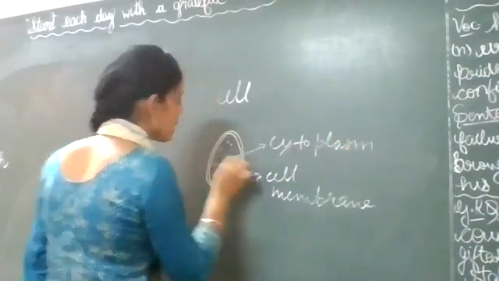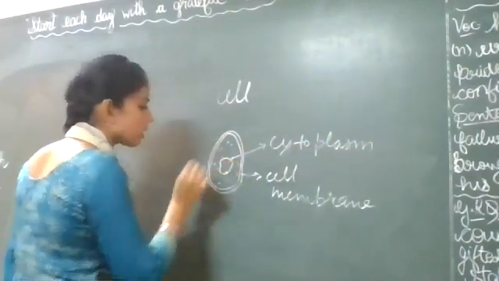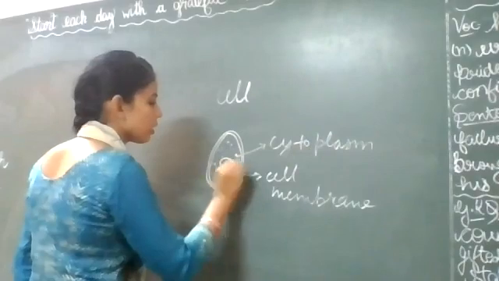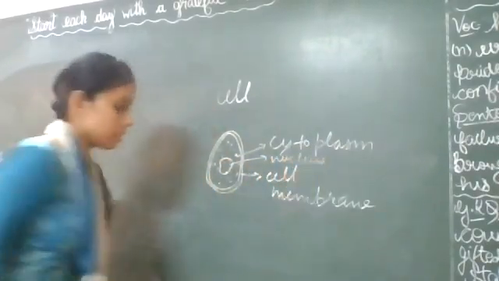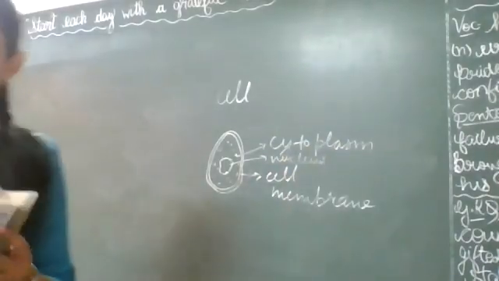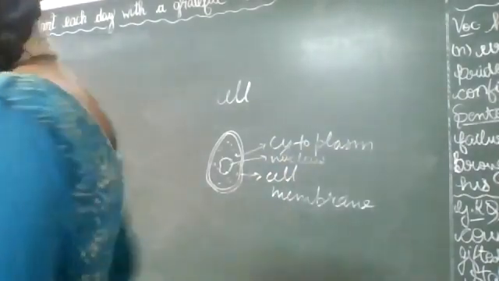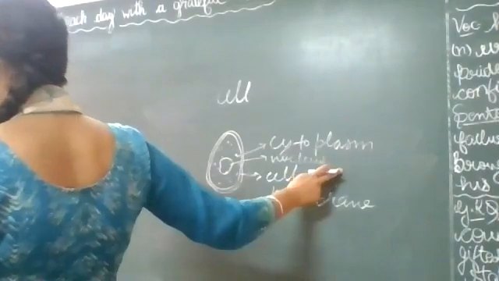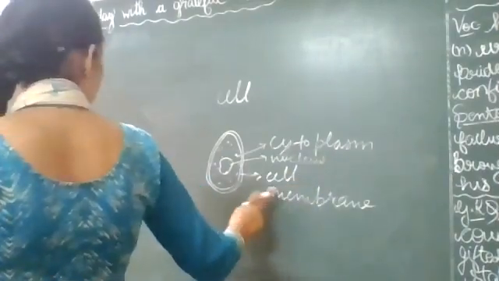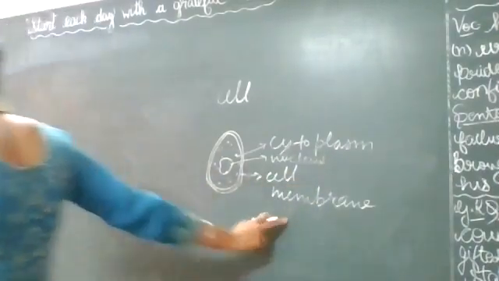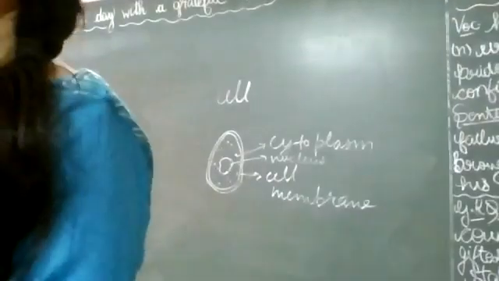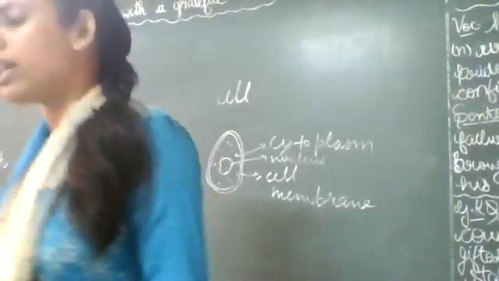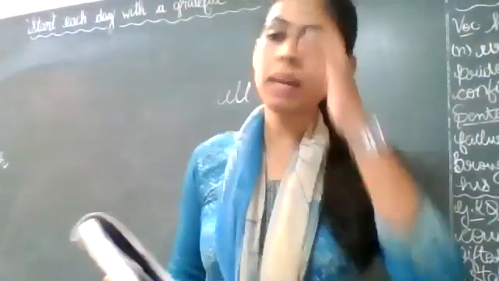And in the center there is a round-like structure that is called nucleus. You can underline the definitions also. The nucleus is surrounded by a jelly-like substance called cytoplasm. The cell is enclosed by a thin outer boundary called the cell membrane. And the centrally located spherical structure is called the nucleus. So clear up to this one?